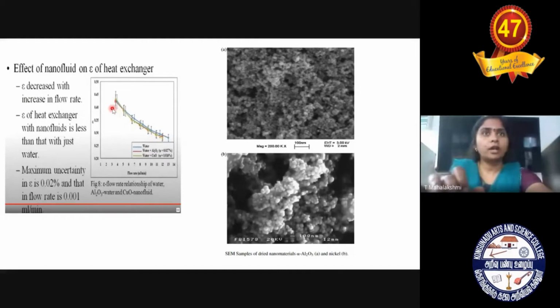And the epsilon of the heat exchanger with nanofluid is less than that with just water. As I told you, water has low thermal conductivity. So if we add the nanoparticles, either with solid volume fraction or with the concentration of the nanoparticles, we can improve the thermal conductivity of the fluid.